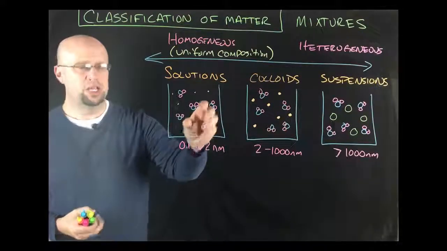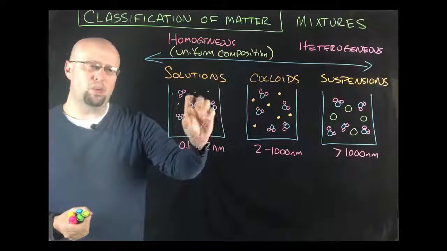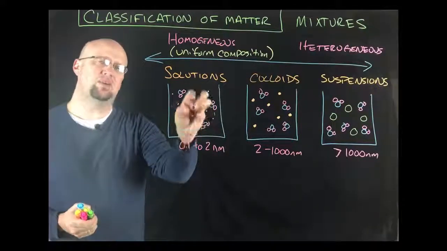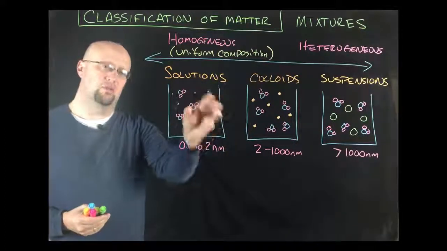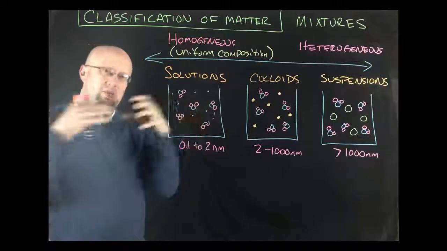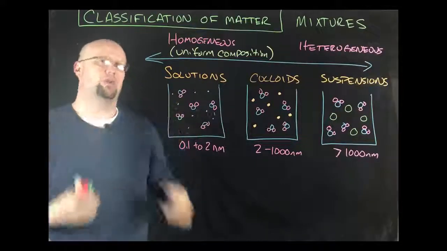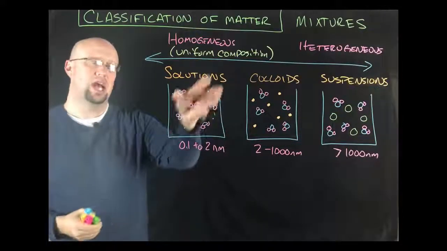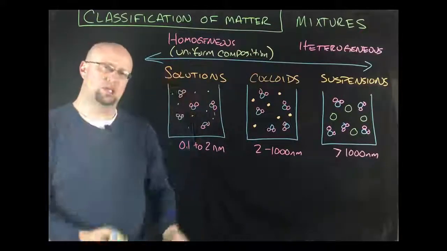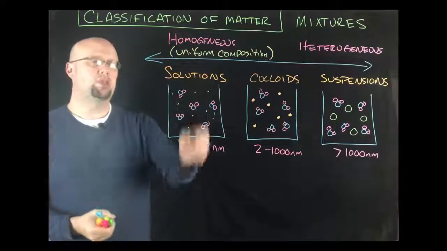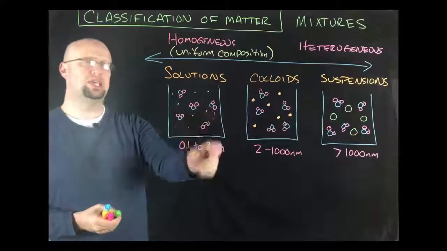Those smaller particles get completely surrounded by the particles of the solvent, the water in our case, kept wrapped in these little cages, and they don't just come out of the solution. They're really, really tiny. You wouldn't be able to see them.